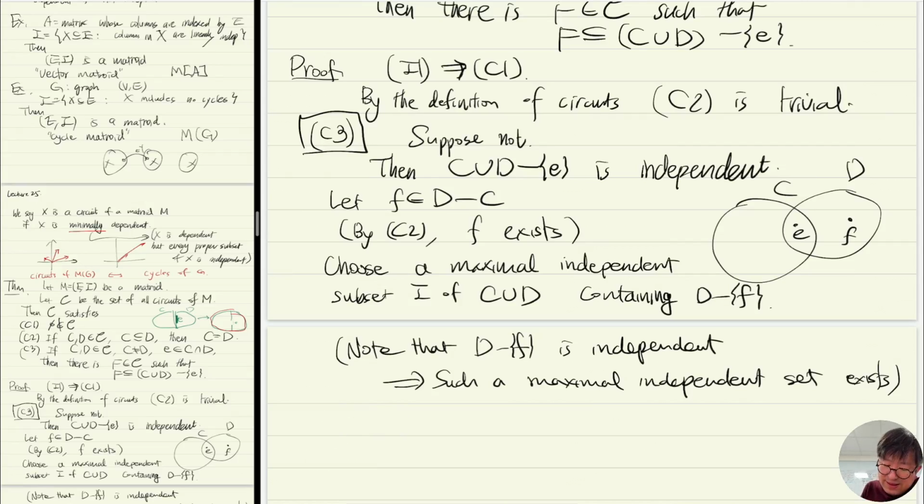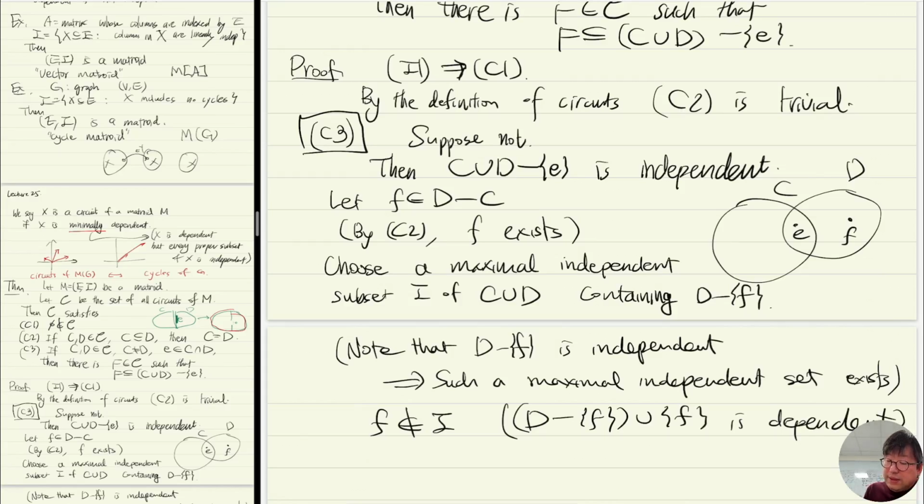So F cannot be in I because D minus F union F is dependent, right? And C is not in I, right? Because C is dependent.